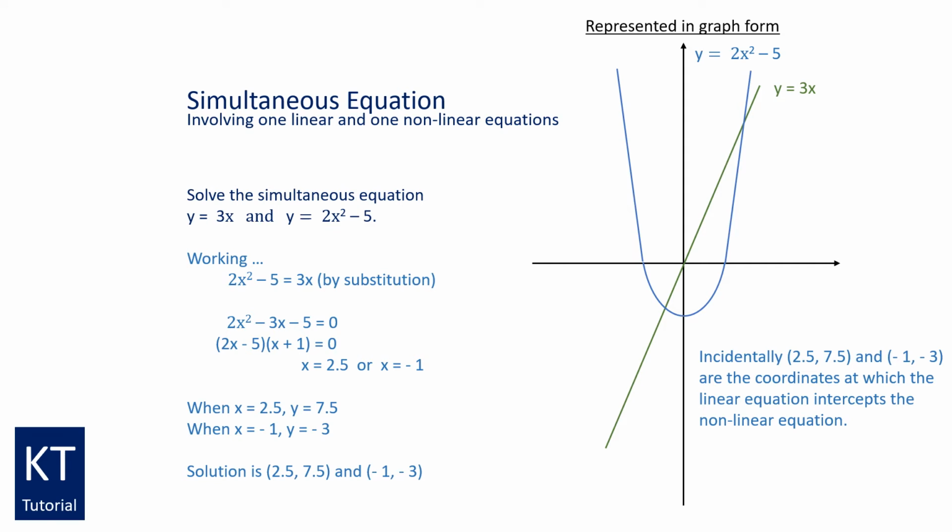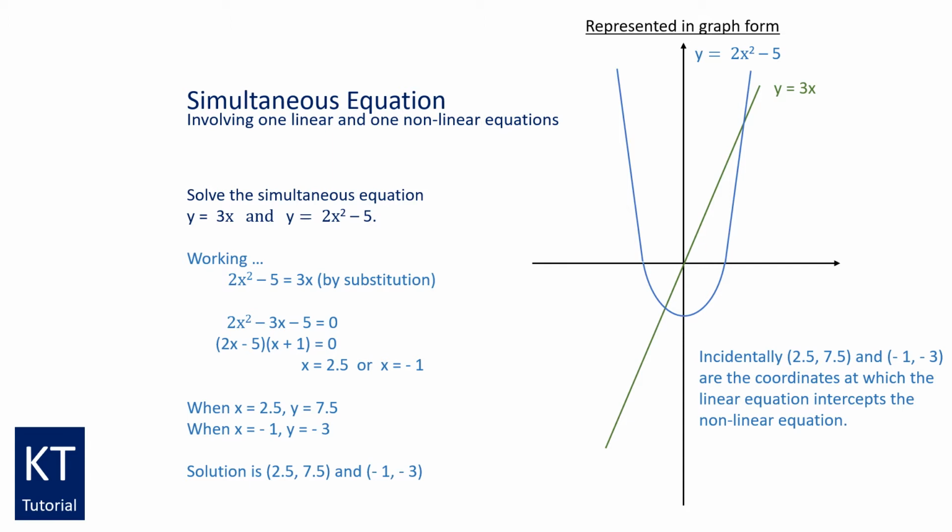Equipped with the four prerequisites, we can now move on proper to simultaneous equations involving one linear and one non-linear equation. As an example, solve the simultaneous equations y equals 3x and y equals 2x squared minus 5.